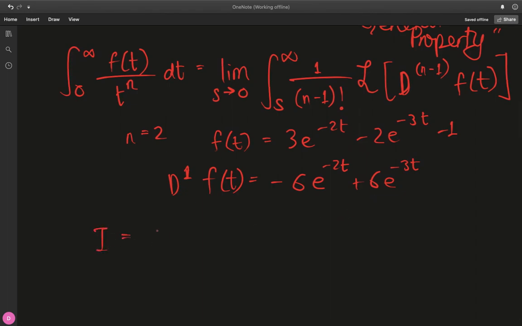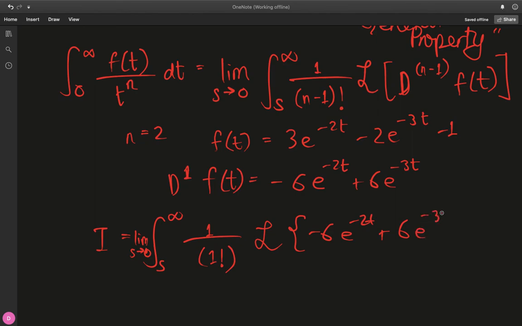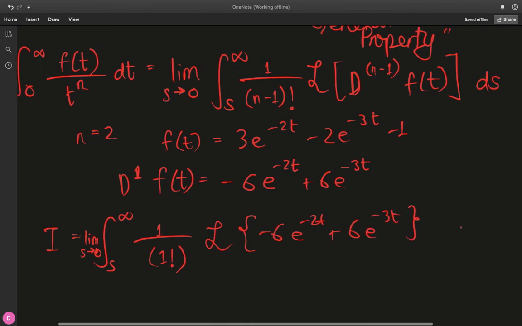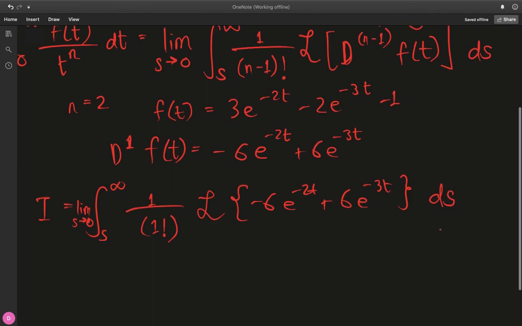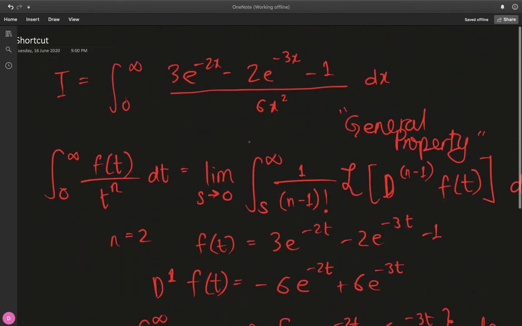So our integral I is nothing but the limit as s tends to 0 of the integral from s to infinity of 1 over 2 minus 1, which is 1 factorial, times the Laplace transform of basically the first derivative, which we just calculated to be minus 6 times e raised to negative 2t plus 6 times e raised to negative 3t, and integration with respect to s. But we also have this 1 over 6 factor.